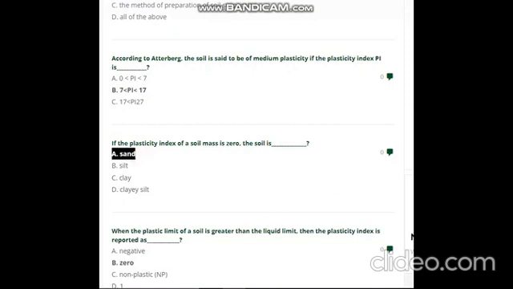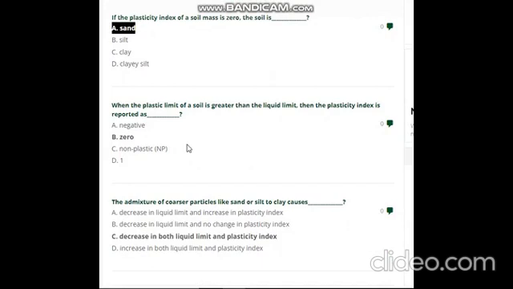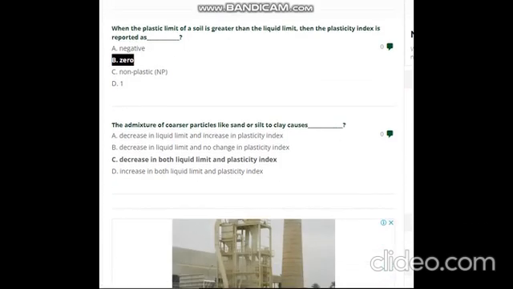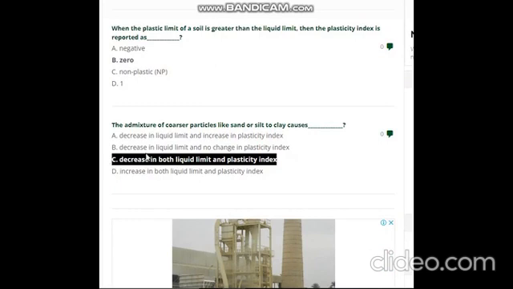When the plastic limit of soil is greater than the liquid limit, then plasticity index is represented as 0. The admixture of coarser particles like sand or silt to clay causes decrease in both liquid limit and plasticity index.